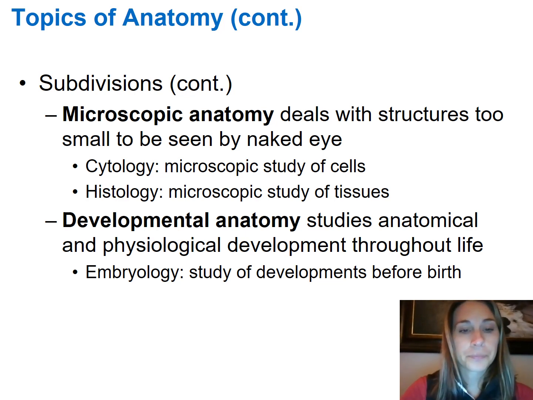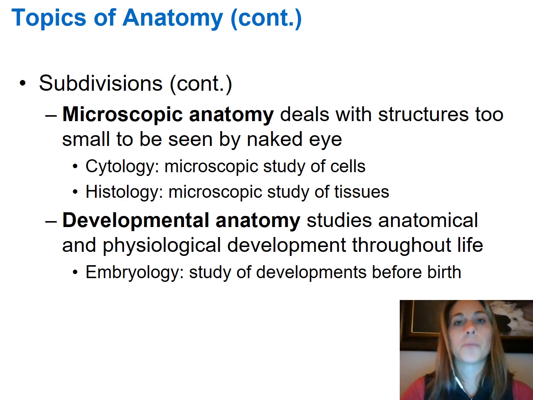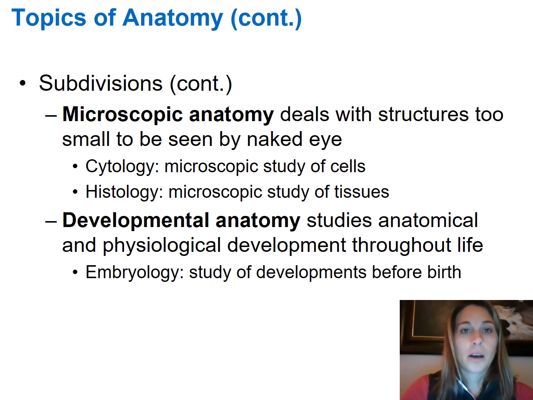Also, developmental anatomy is branching out into further stages of life, which is incredibly helpful. Understanding things that are kind of unique to humans, like the fact that we live so long. And we'll come back to these topics a lot.